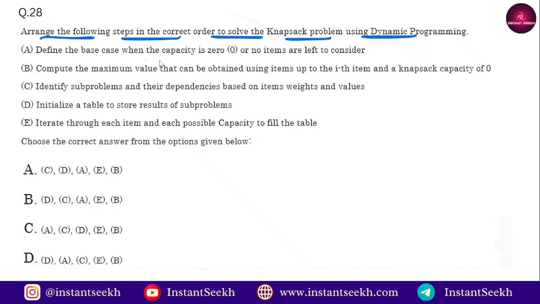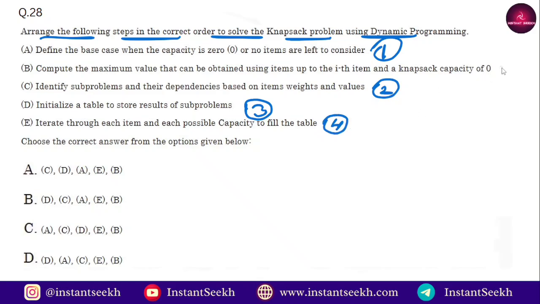Define the base case when the capacity is 0 and no items are left to be considered. This is the first step. Next is identify subproblems and the dependency based on weights and values. This is the second step. Third step is initialize a table to store results of subproblems. Fourth is iterate through each item and each possible capacity to fill the table.